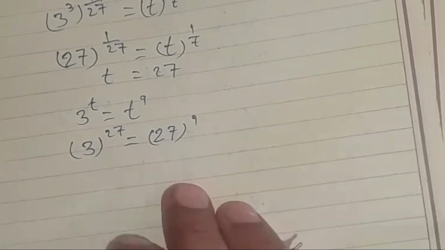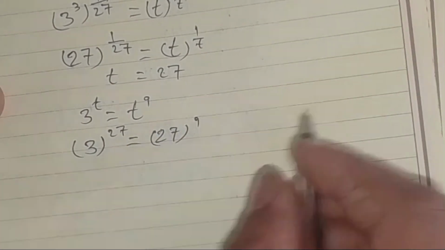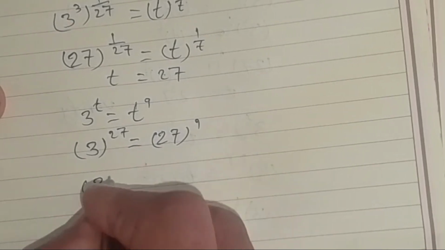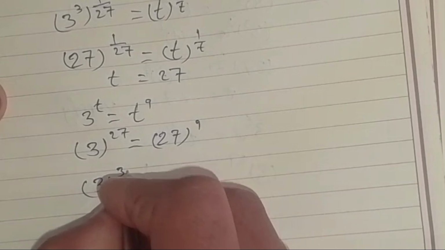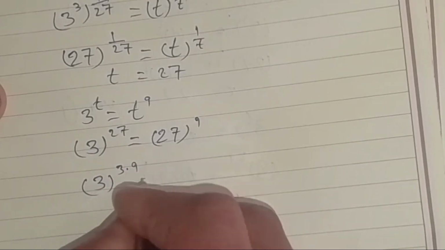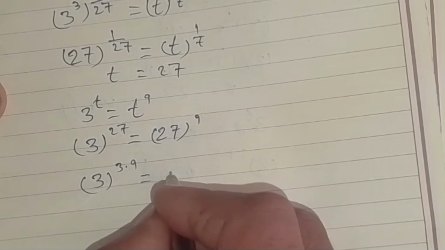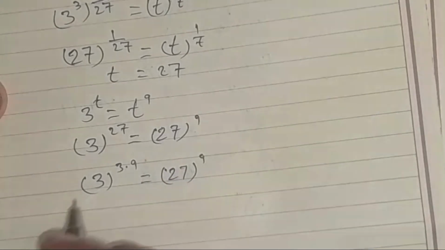Now we know that here is 3 power of 3 times 9. Again they give us 27, and here 27 power of 9.